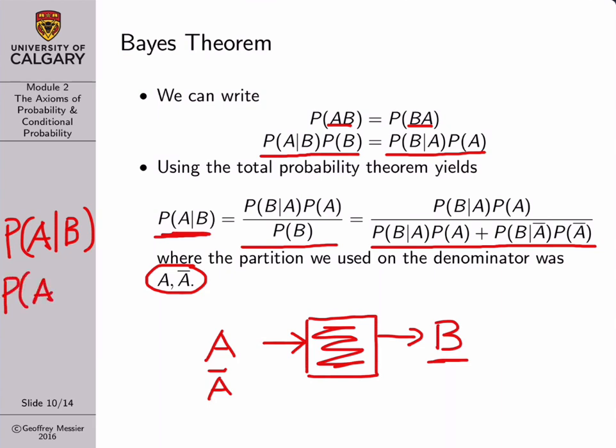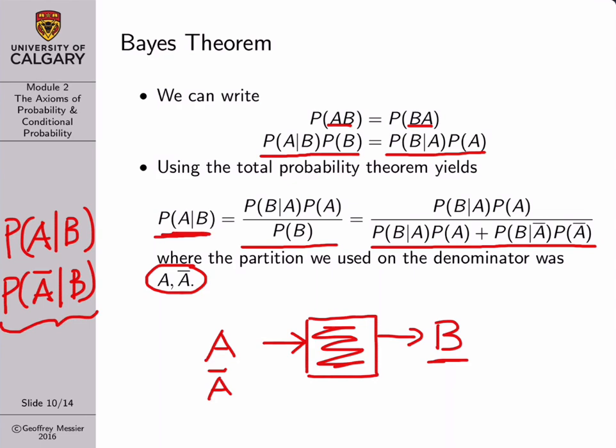A or not A? And then we choose whichever one of these outcomes has the largest conditional probability value. We would call these the a posteriori probability values, because they're the probability values after we have observed B.